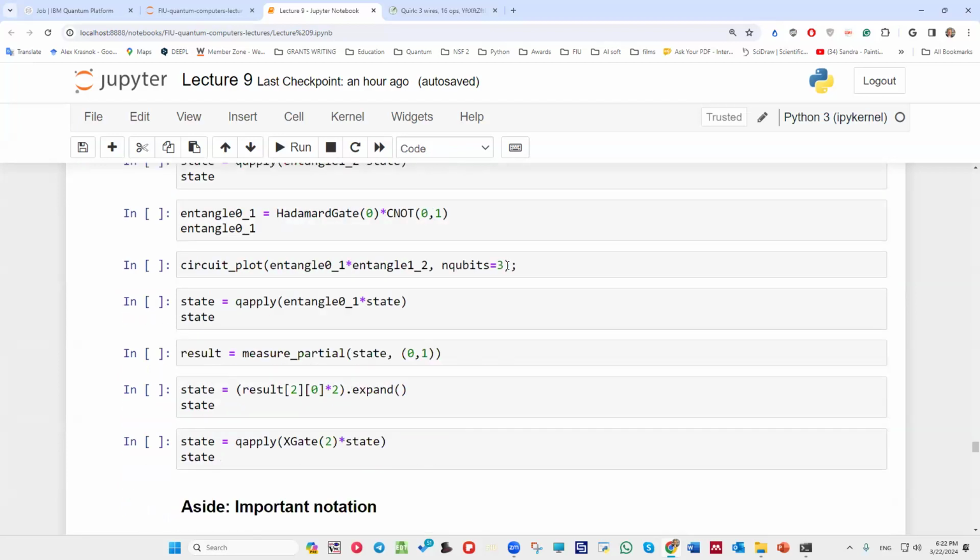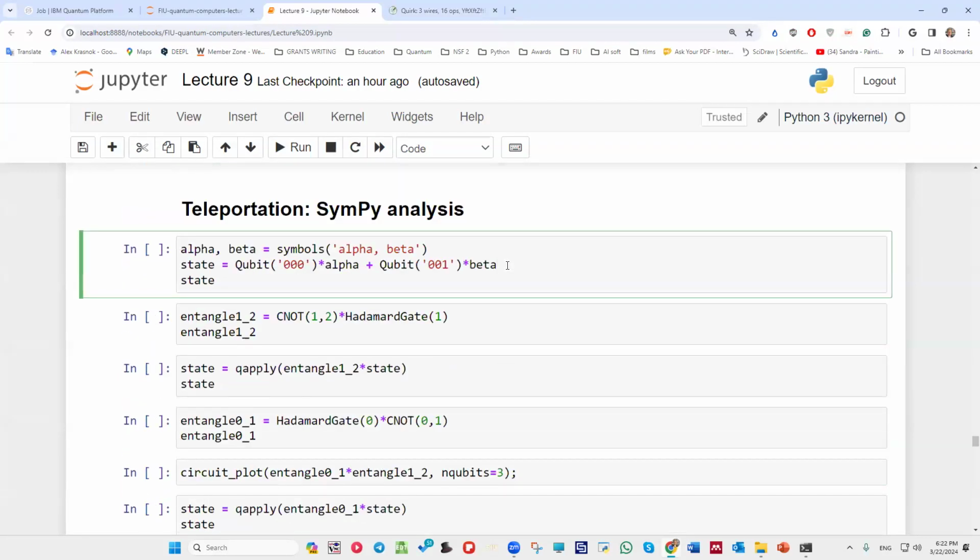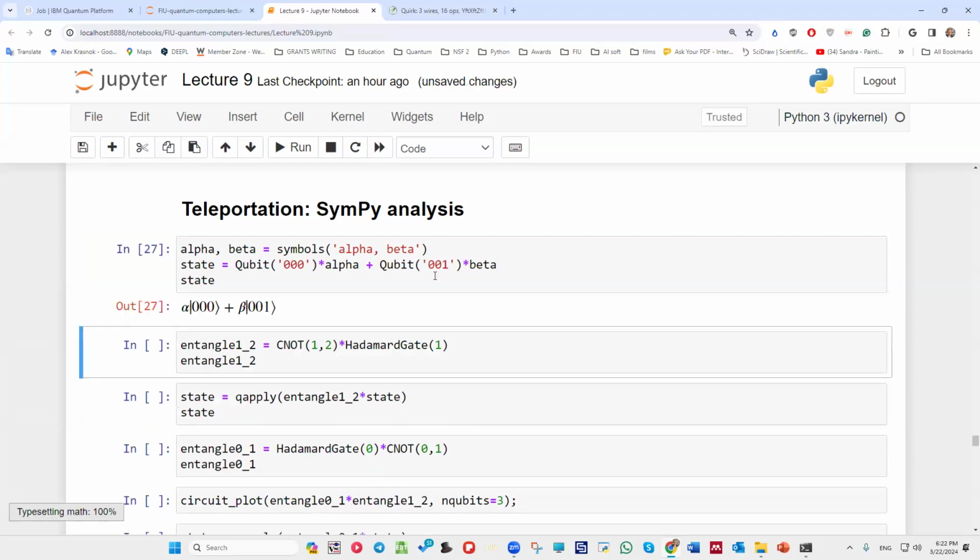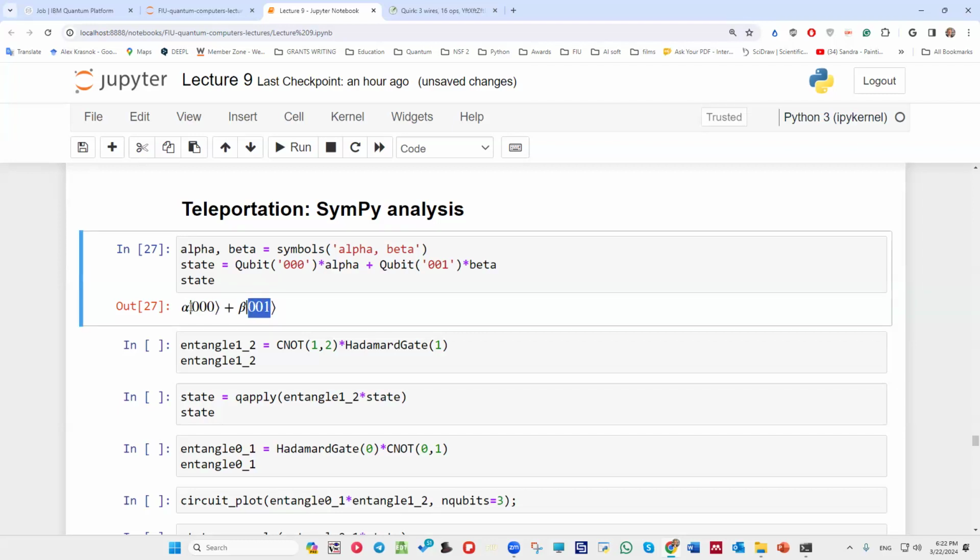The same analysis, of course, can be done using SymPy in an analytical form, right? So let me quickly go through this part. So we create a 3-qubit system. Alice's qubit is alpha 0 plus beta 1.